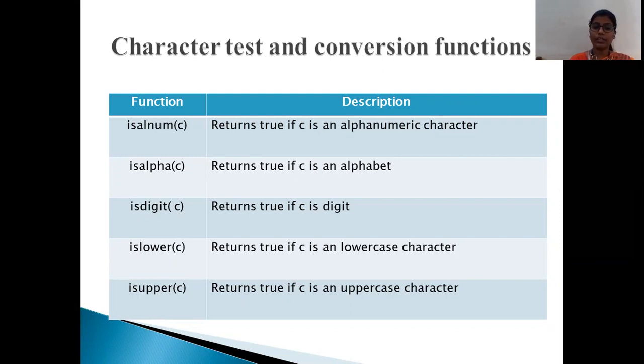Next one, isdigit, returns true if c is a digit. Next is islower and at the last is isupper. These are the different conversion functions or character tests which check whether the given character is alphanumeric, alphabet, digit, in lowercase, or in uppercase.